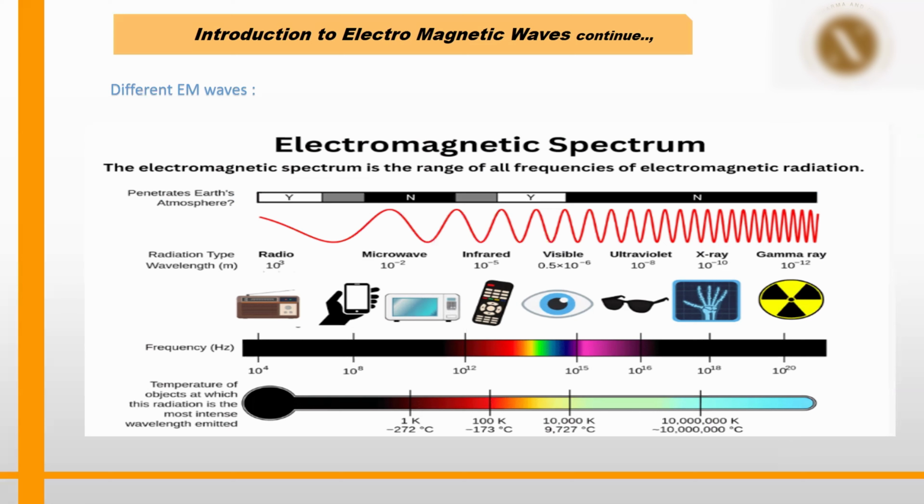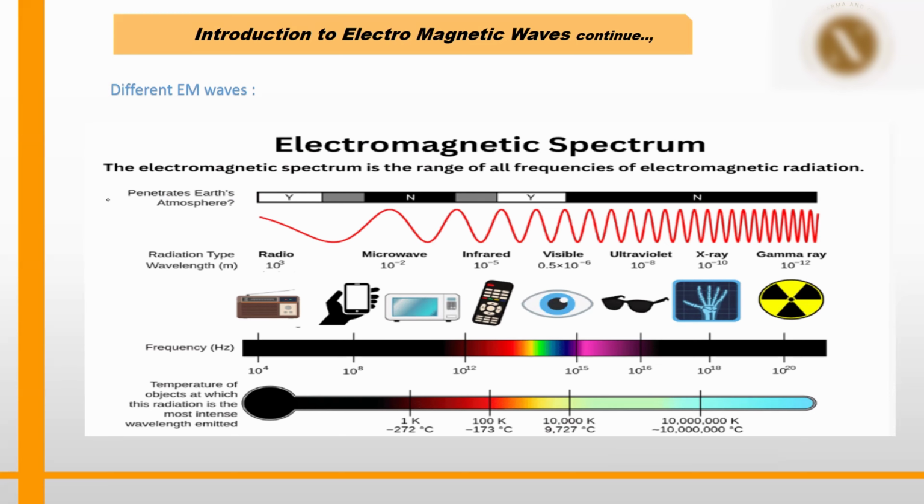Okay, let's move on to the RF electromagnetic spectrum. The electromagnetic spectrum is nothing but a range from the low frequency waves to the high frequency waves. At the lower frequency, you have the radio.